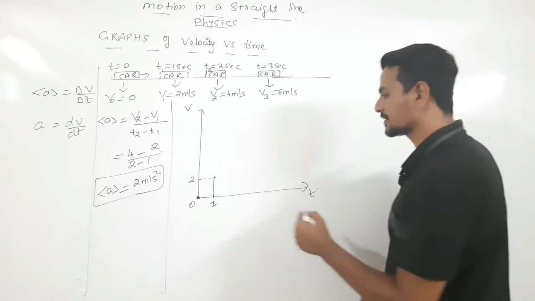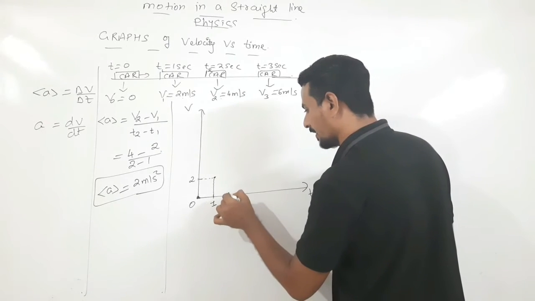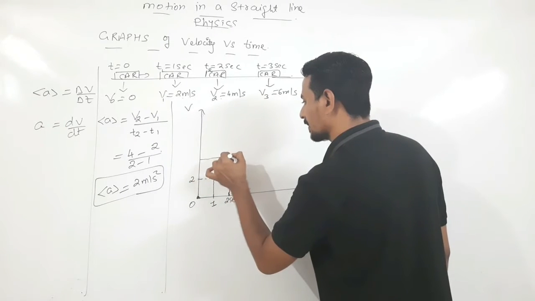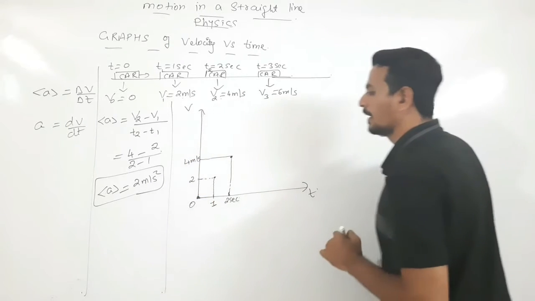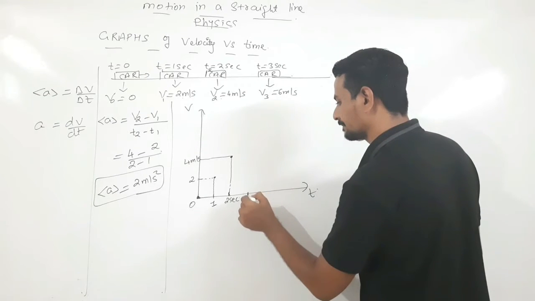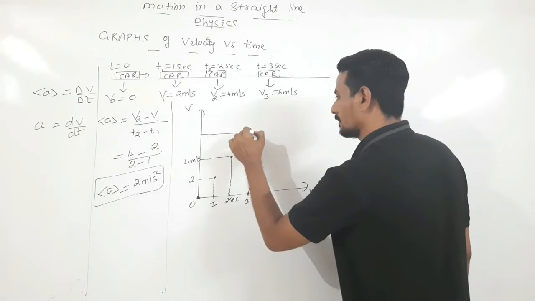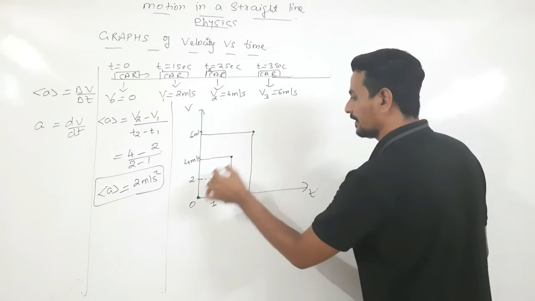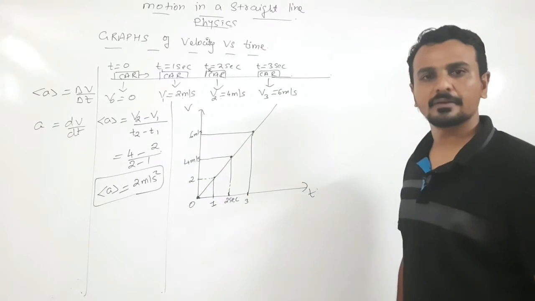At t equals 2 seconds, since I am not using a scale, the graph will not be up to the mark, the velocity is 4 meter per second. At 3 seconds, the velocity is 6 meter per second. So join these points. So this is how your graph will be.